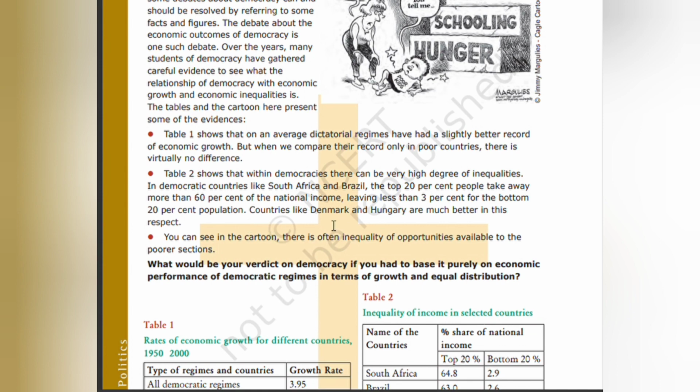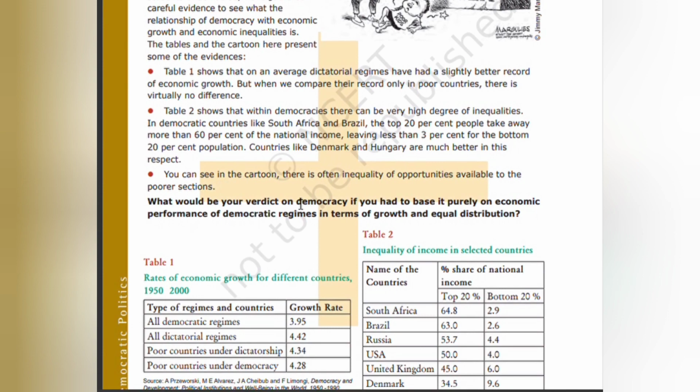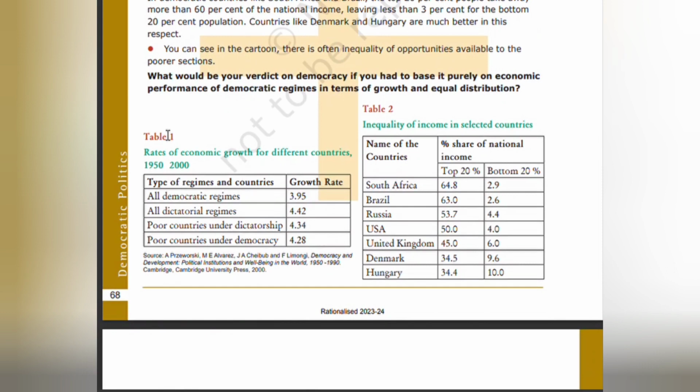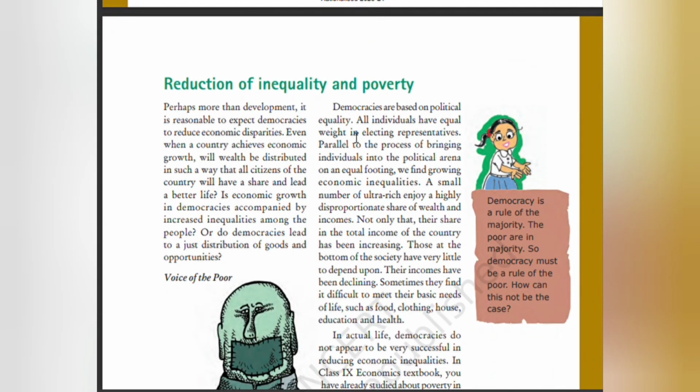Countries like Denmark and Hungary are much better in this respect. You can see in the cartoon there is often inequality of opportunities available to the poorer sections. Rate of economic growth for different countries, 1950 to 2000; inequality of income of selected countries: South Africa, Brazil, Russia, USA, United Kingdom, Denmark and Hungary.